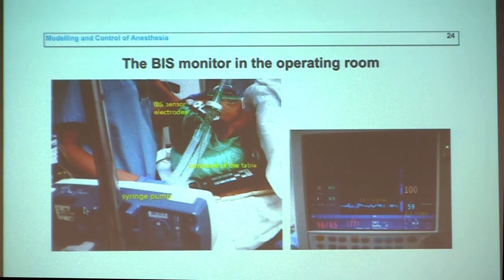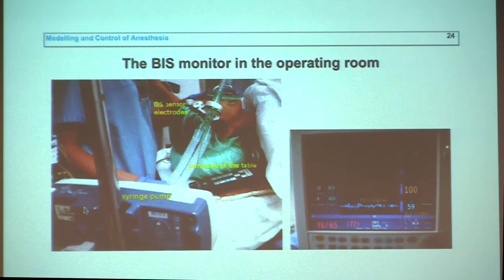The people who developed it, we know that it's related to the bispectrum of the electroencephalogram signal, but we don't know exactly what the algorithm is. Anyway, this provides an index. You can see here a picture of the record of the EEG in real time and the BIS index, in this case 59.